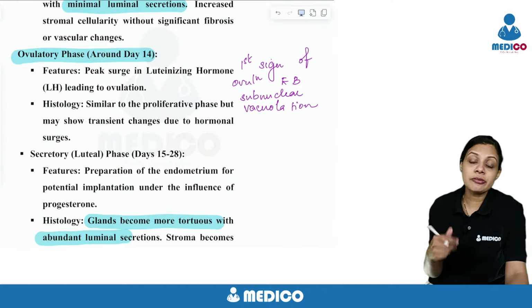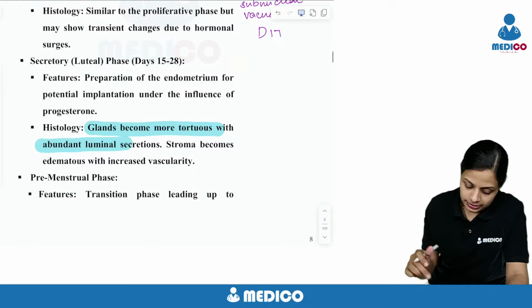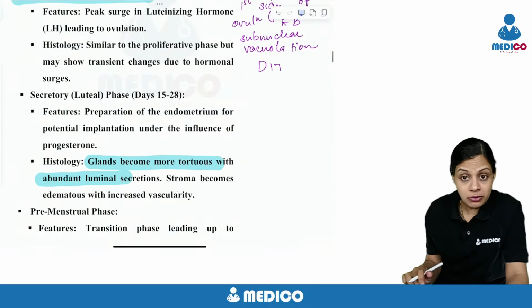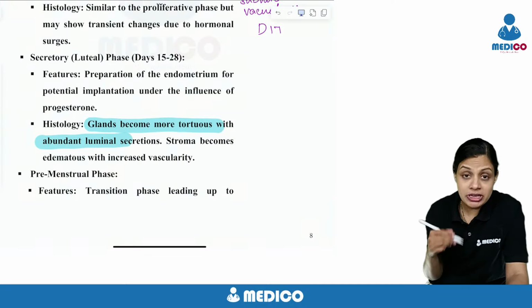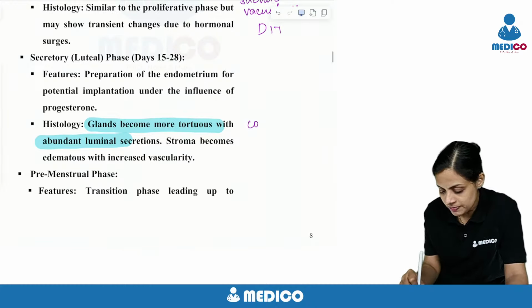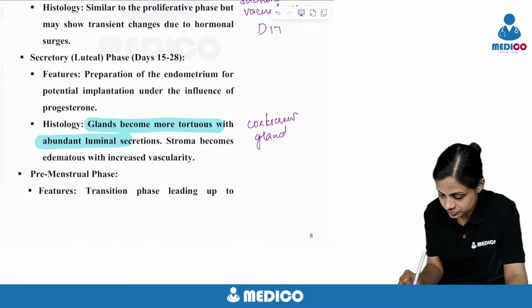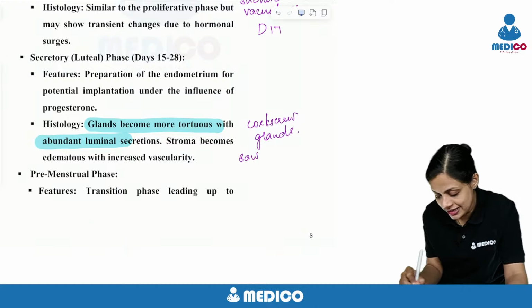Typically, you can see this if a biopsy is taken on day 17. And these glands which have become very tortuous and are filled with abundant luminal secretions are called the corkscrew glands. Or you can say that they have got a saw-tooth appearance.